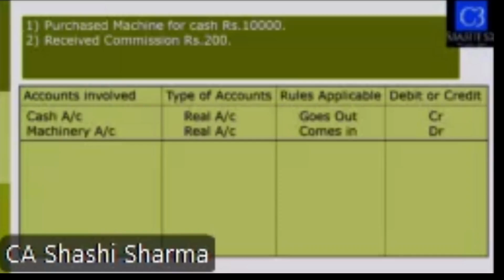Come on, speak up. Commission and cash. Yeah, good, very good. The two accounts involved are commission and cash. Cash account and then commission account.